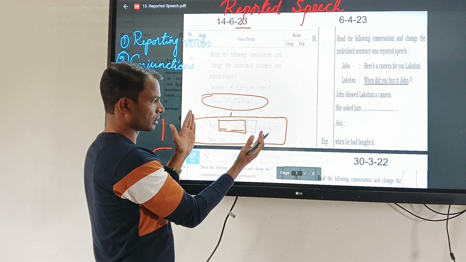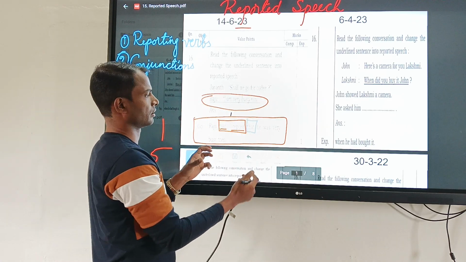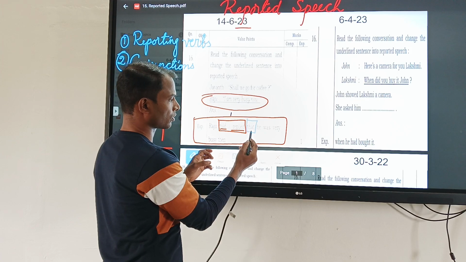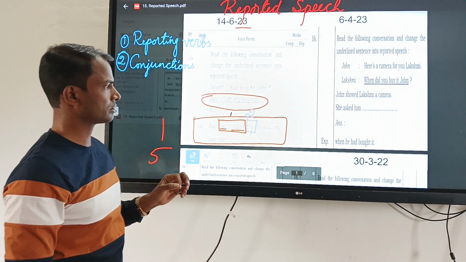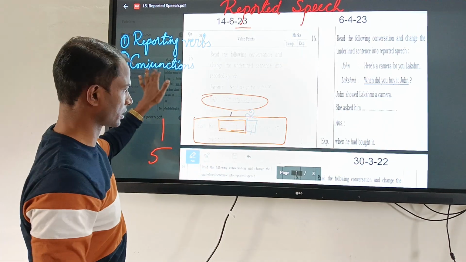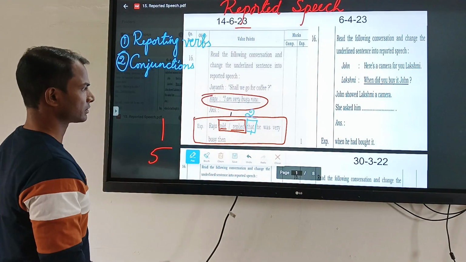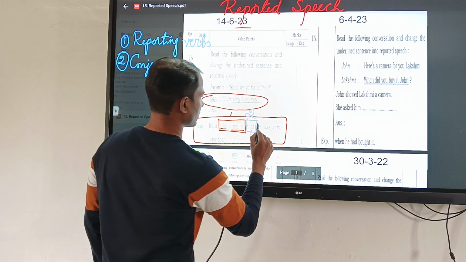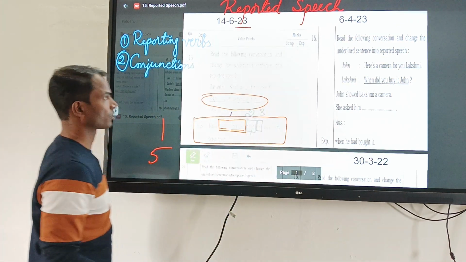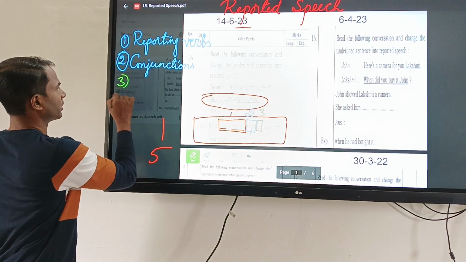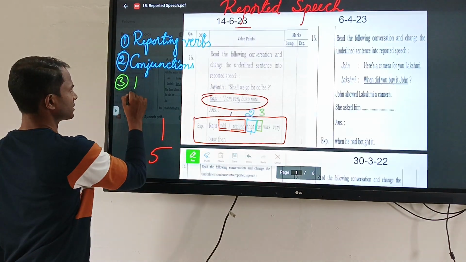So these 2 parts are joined together by using the word that. So the second change that we are doing here is using the conjunction that. And the third word that we have here is he. This is the third change that we are doing. So what is this? He is a pronoun.